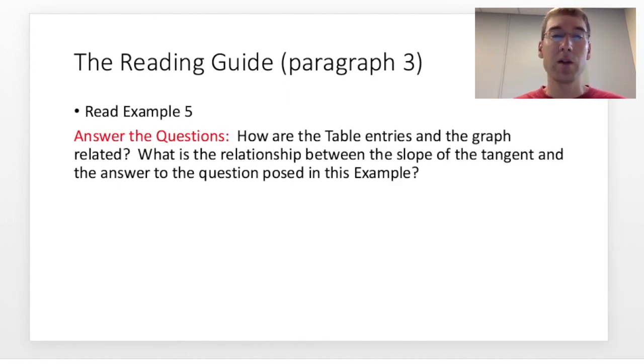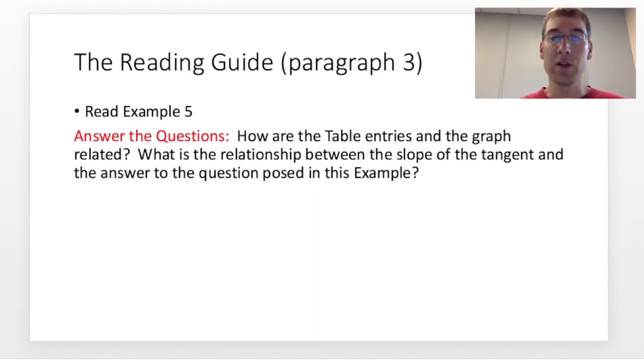The last item is to read example 5. There's a few questions you should answer. One is, how are the table entries and the graph related? Well, each entry in the table gives the slope of the secant line illustrated in the graph.